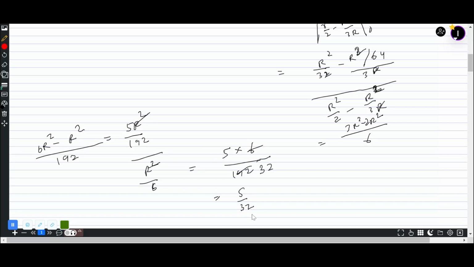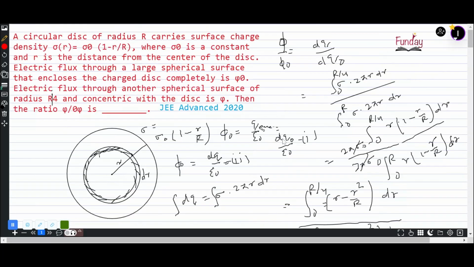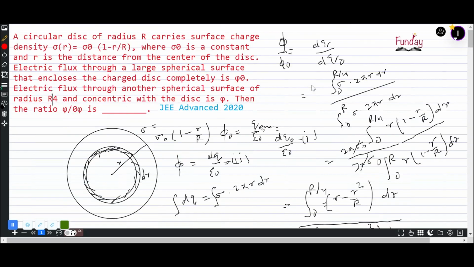I think some mistake I have done. So phi 0 is through the whole disk, and phi is through the R by 4 disk. So I have taken phi over phi 0. Okay, I have made the mistake. So I have to find phi over phi 0.